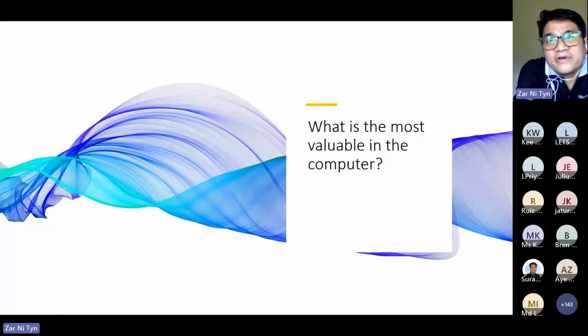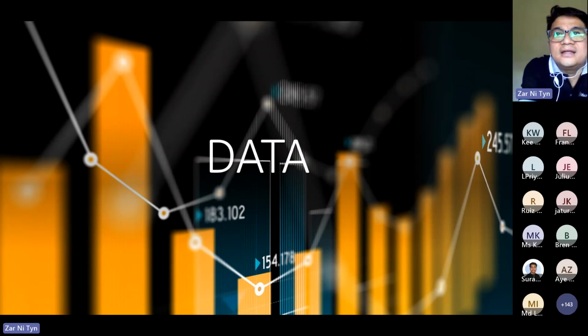I mean the computer device: the mobile, the VM and all other computer devices. What is the most valuable thing in the computer? The only answer is the data. Data is very important. You cannot just purchase it if you have some money and some device, your iPhone, iPhone 7, iPhone 8, iPhone 10, and Windows 10, Windows 11.